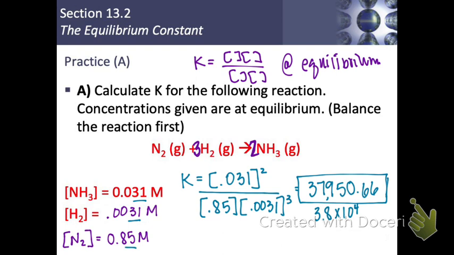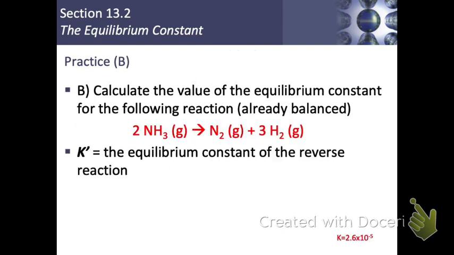But I'm good with either. I just don't like using scientific notation. That's just my preference. But I got 37.9506. Okay, so that means you're 3 orders of magnitude different from what we are. This says calculate the value of the equilibrium constant for the following reaction.